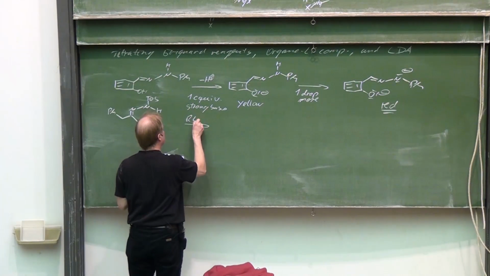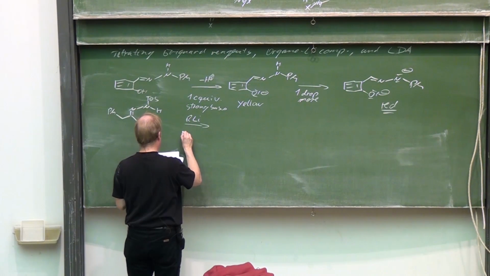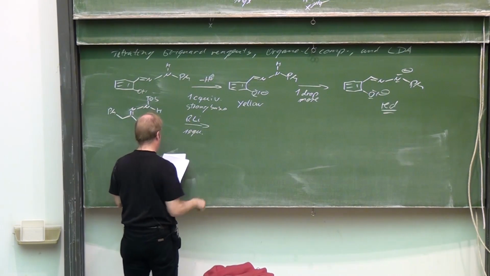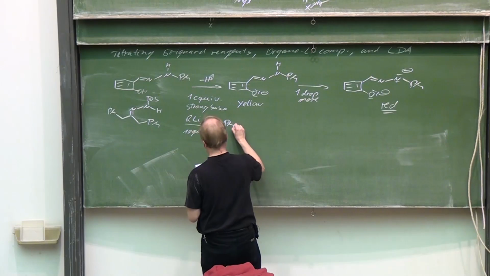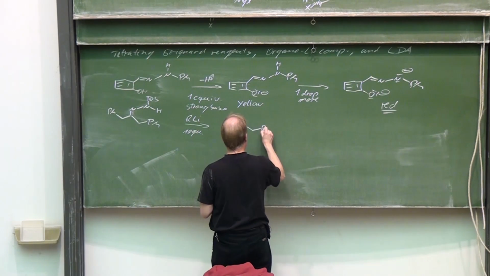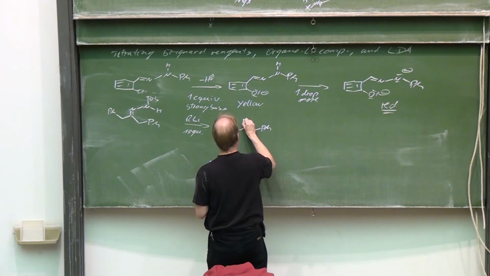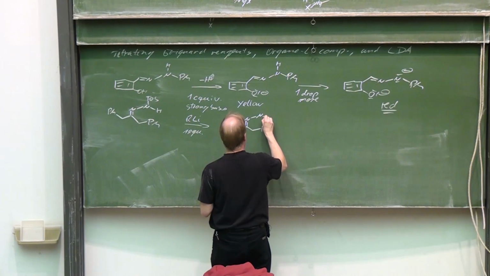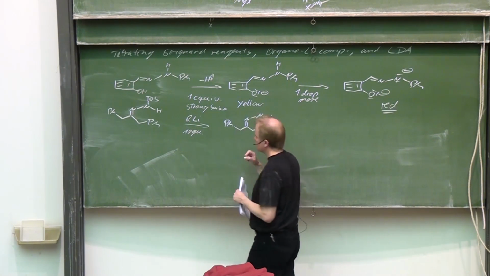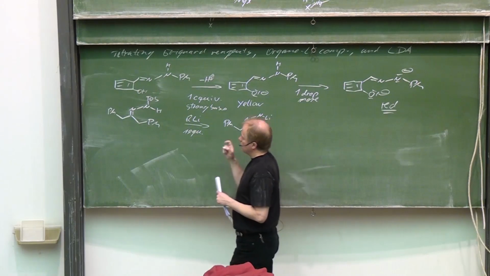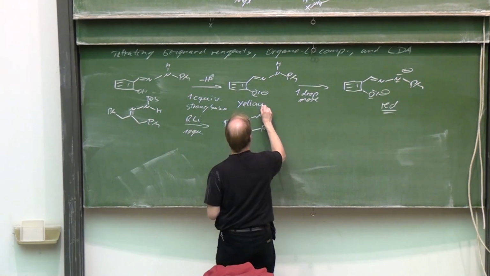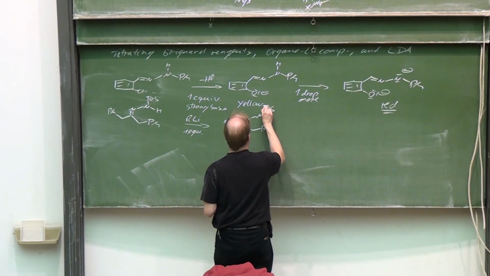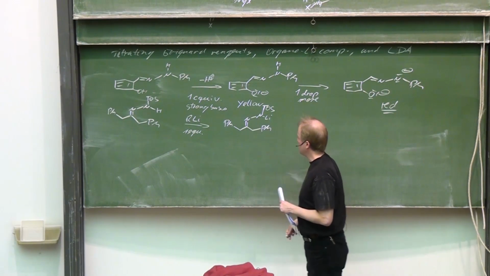So let's say one equivalent of organolithium, and this time the hydrazone hydrogen is the most acidic one, activated by the tosyl group.